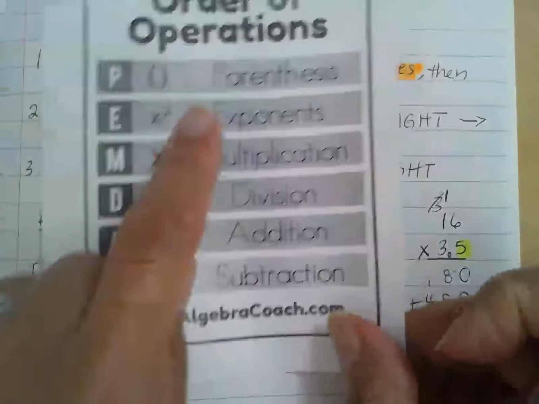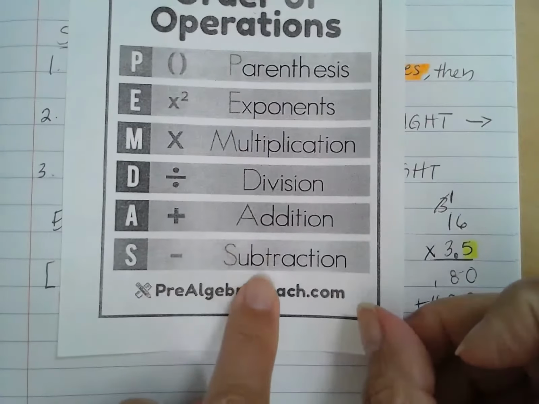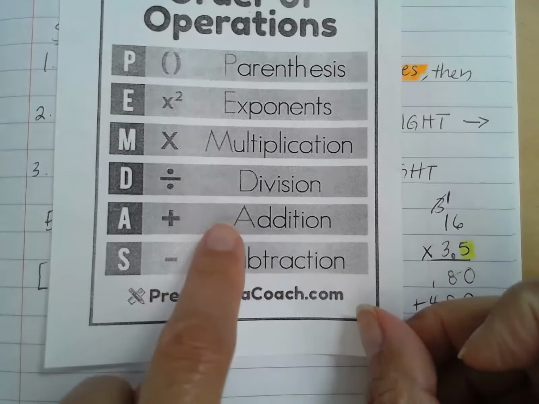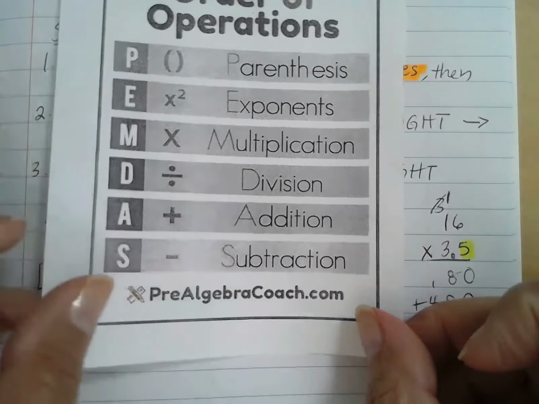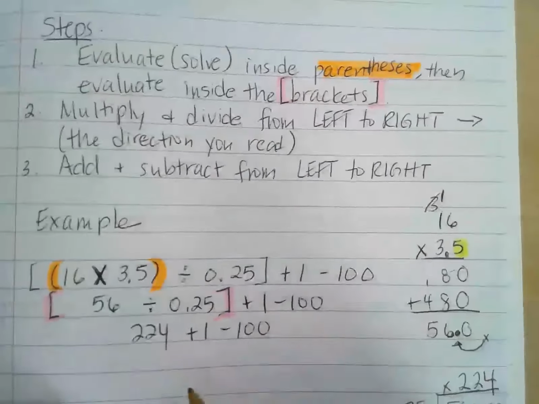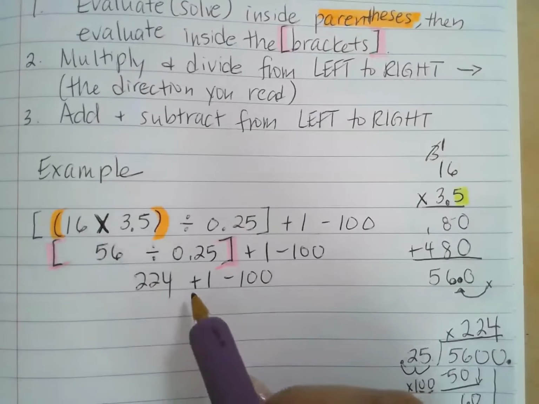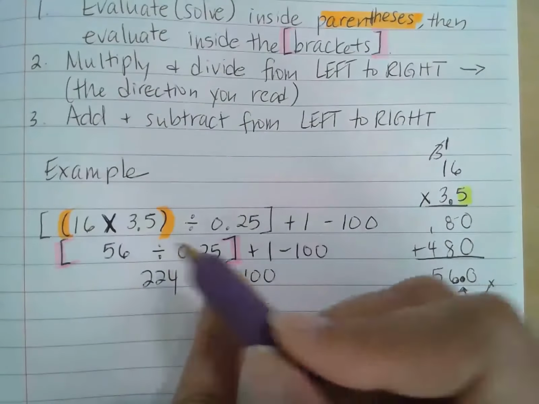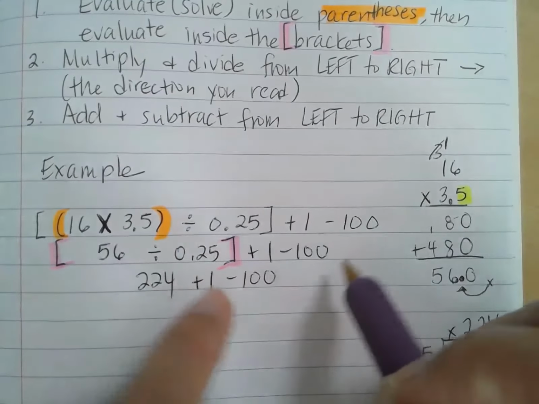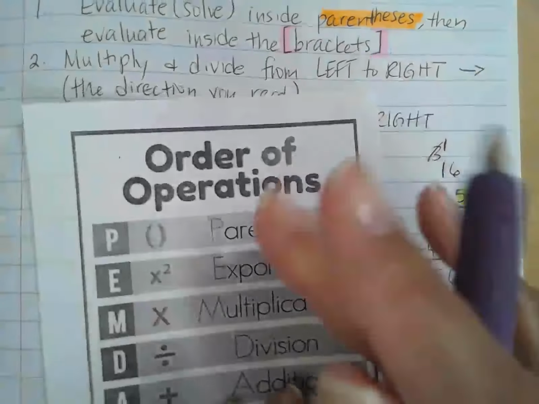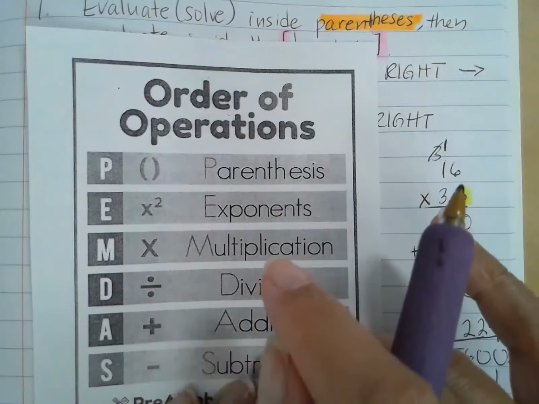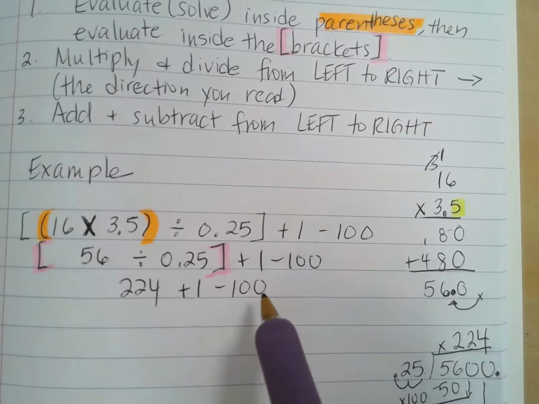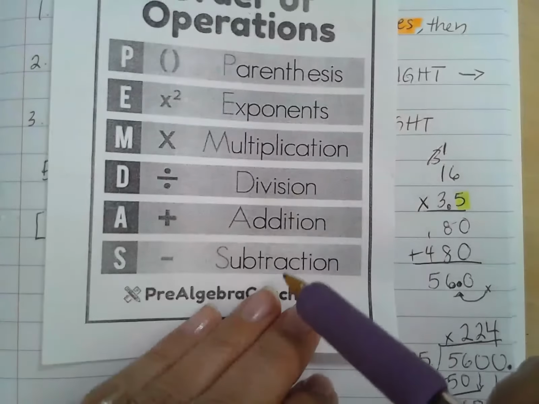My next steps would be to add or subtract, still going in the order of addition. If I see addition first, I'm going to do that, in order from left to right. This example has only one addition and one subtraction, but if there was additional adding, you add first. Keep true to your order of operations. If you have more than one set of addition or more than one set of subtraction, you want to do it in that order.